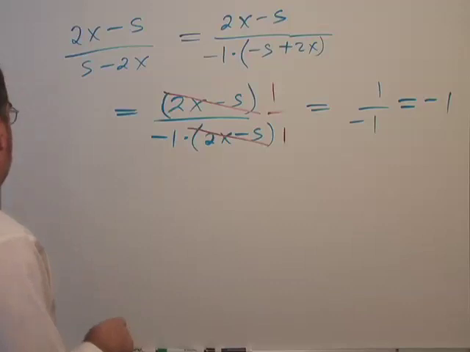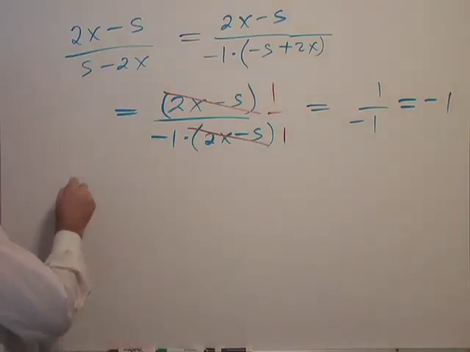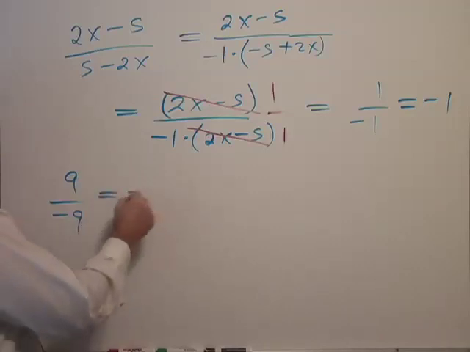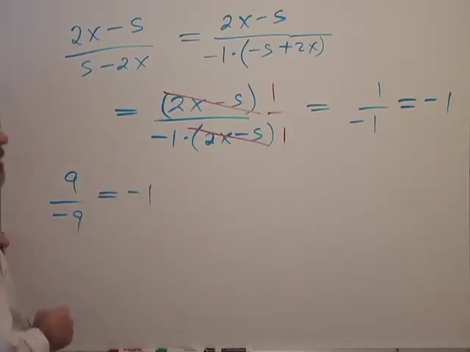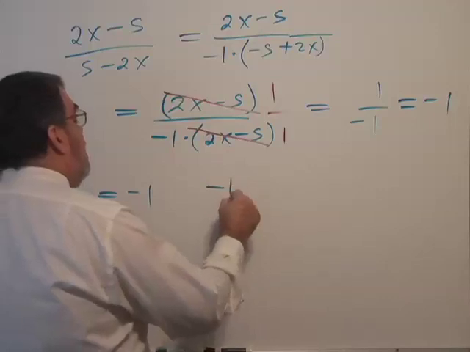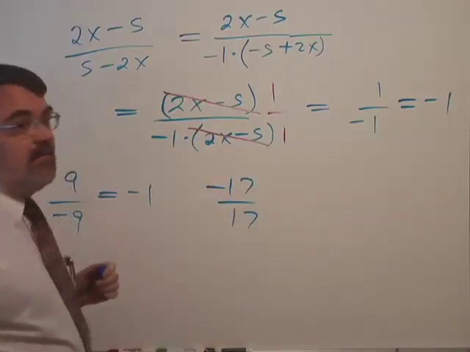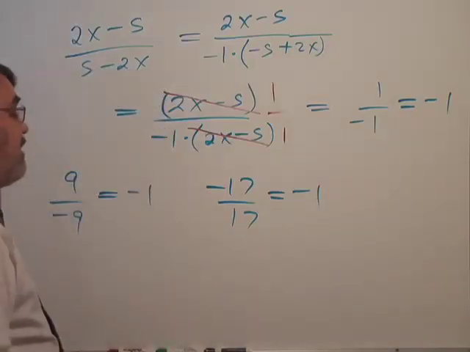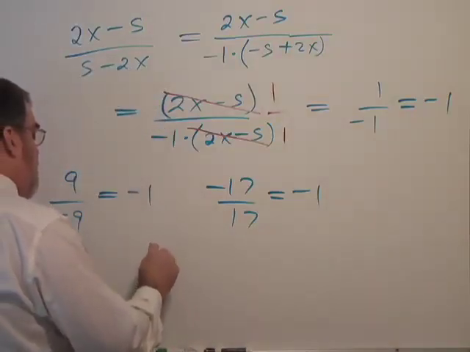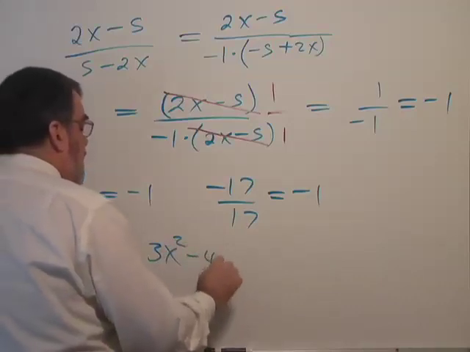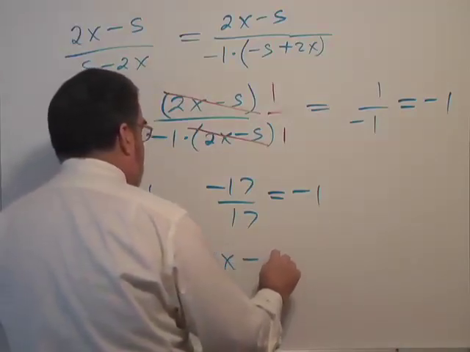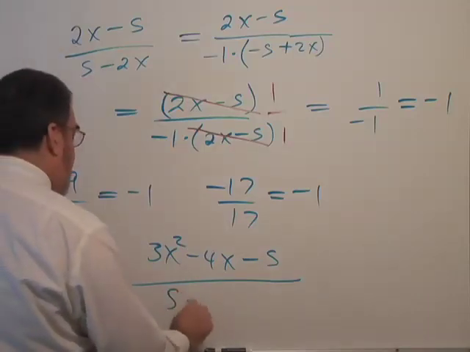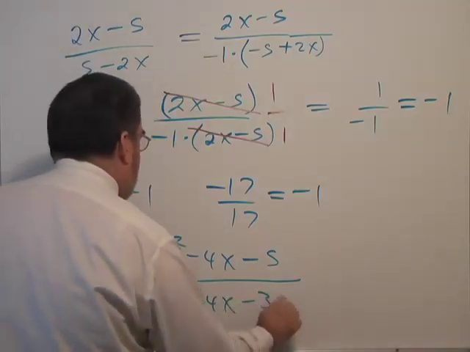For example, what is a number divided by its opposite? That would be negative 1, isn't it? Or how about this number divided by its opposite? Still negative 1. All right, so what about this number? 3x squared minus 4x minus 5 divided by 5 plus 4x minus 3x squared.